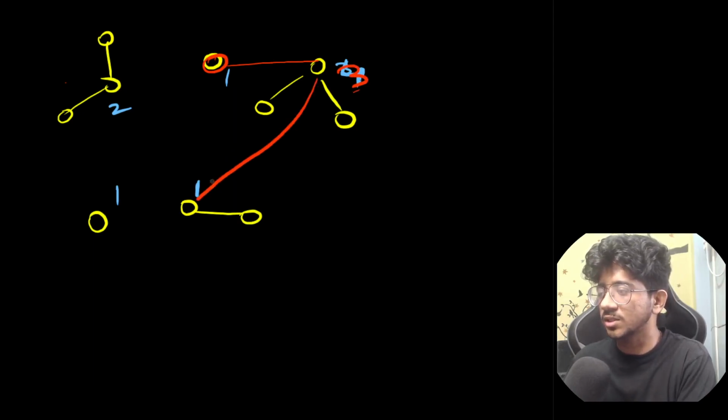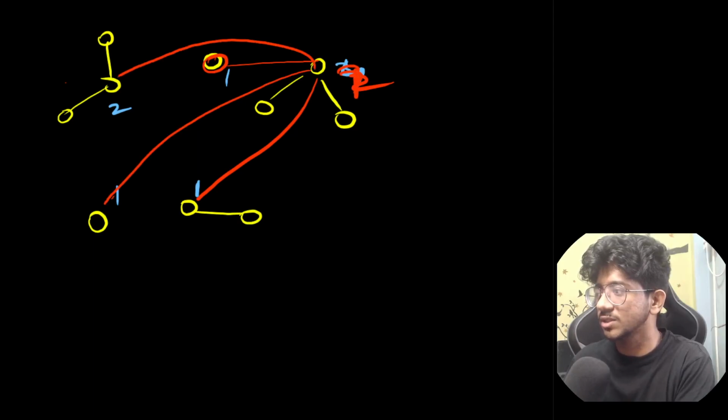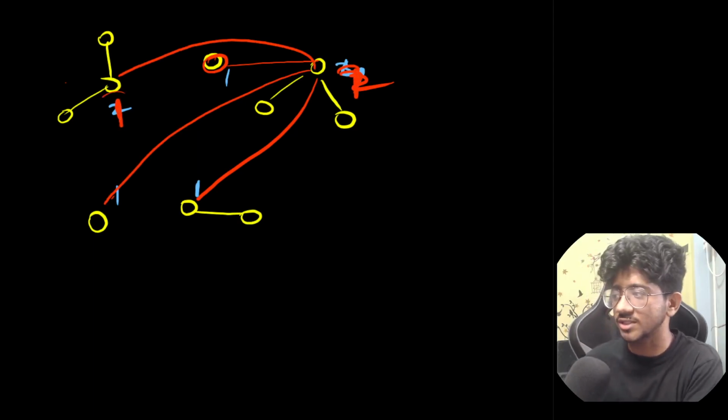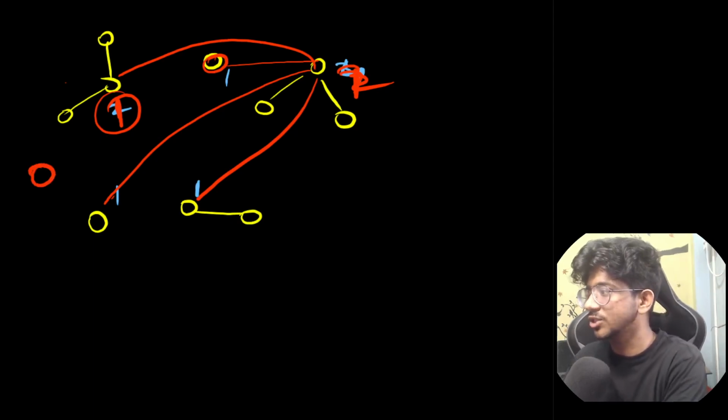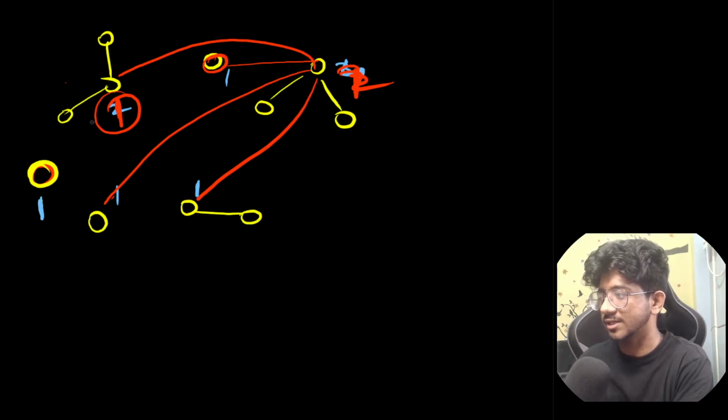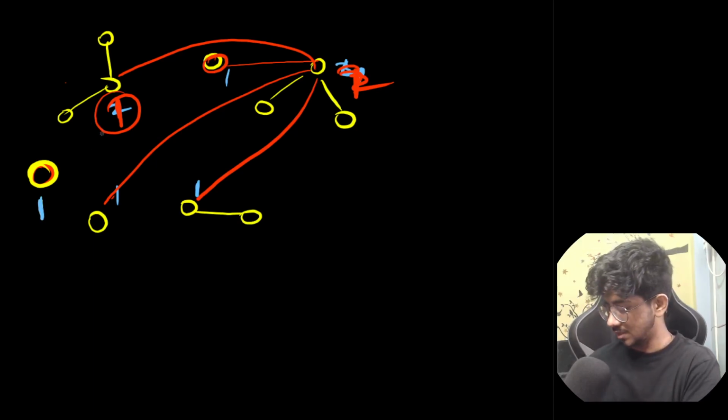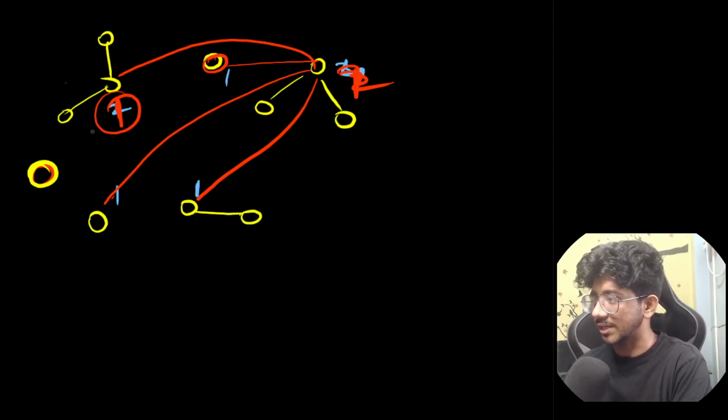If you connect this with this, it will become a 2 requirement node. If you connect this with this, it will become a 1 requirement node. And then if you connect this with this, it will become a 1 requirement node, and it is not satisfied. So this is not a suitable graph, right? Let's say there was one more node with a 1 requirement, then you could have connected it with this. But anyways, let's see this particular graph back.